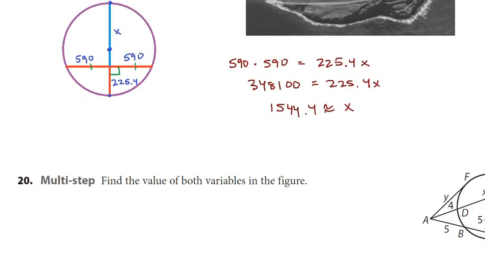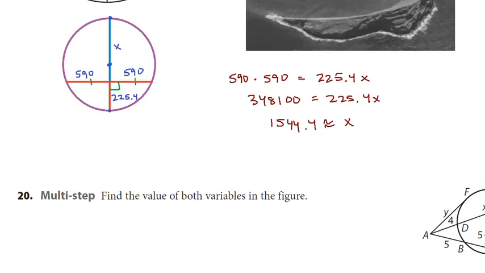So now I want to know my diameter. My diameter is going to be x plus 225.4. So I've got 1544.4 plus 225.4.